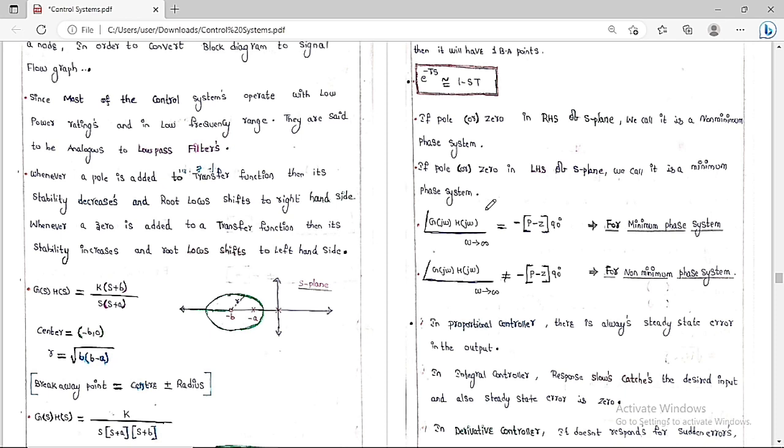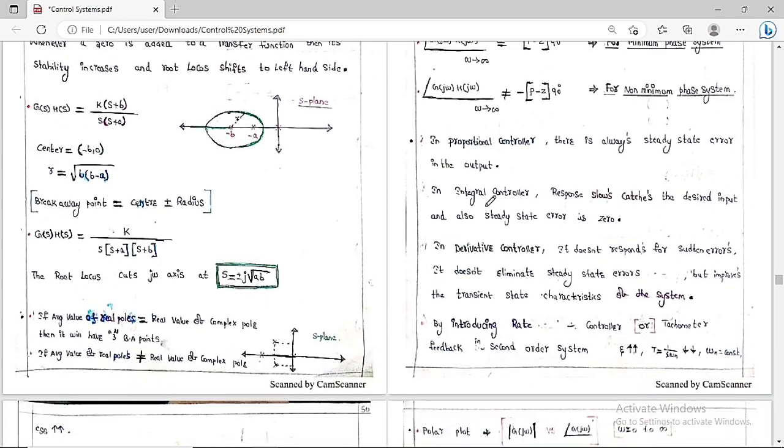Finally, the same holds for the open loop transfer function G(s)H(s). So now the next point, listen carefully here.